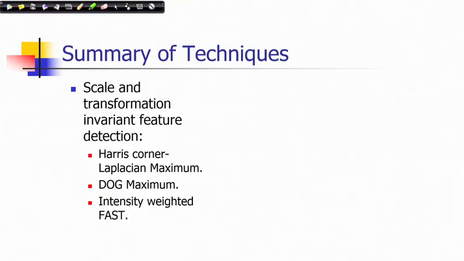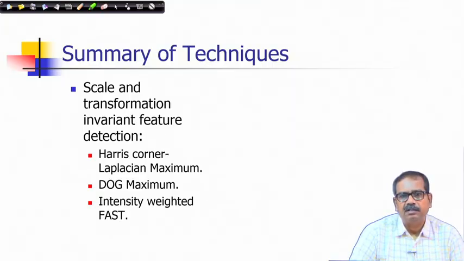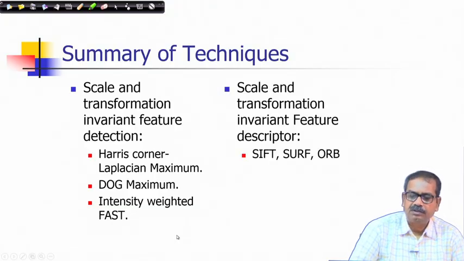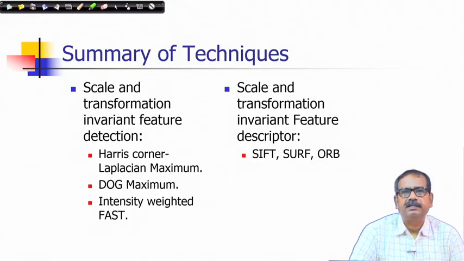And then we have used intensity weighted centroid, which also gives a detection in terms of rotational invariant detections. And we have also discussed different kinds of feature descriptors, like transformation invariant descriptors, typically descriptors like scale invariant feature transform, SIFT, SURF or ORB.